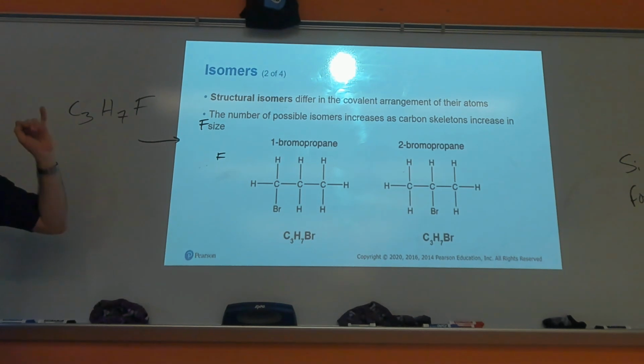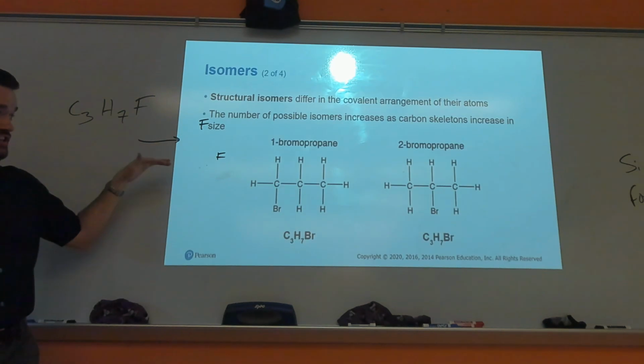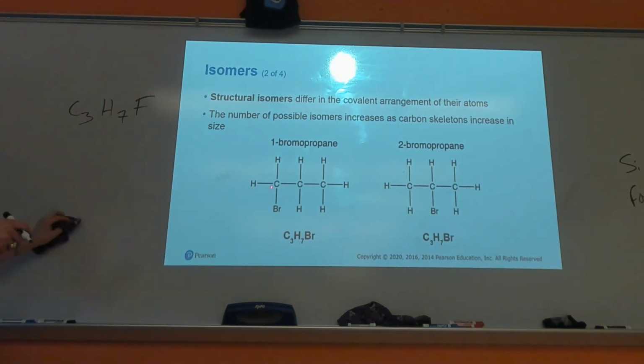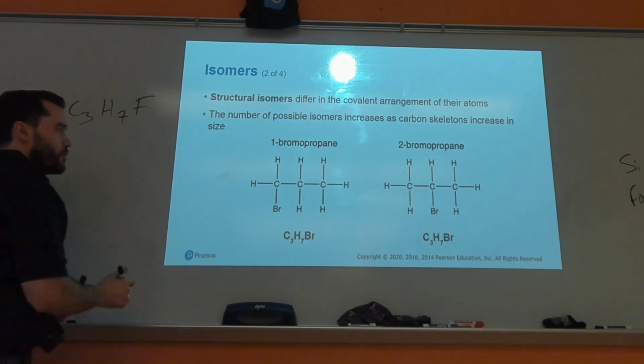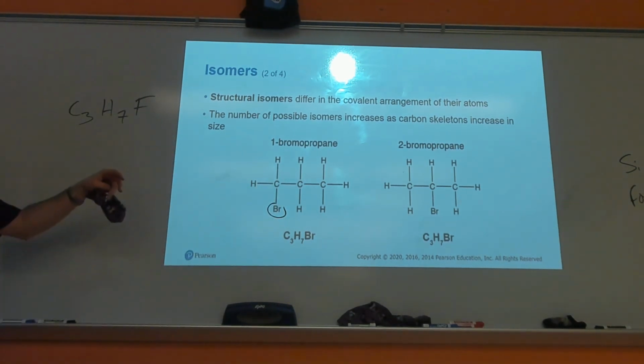So if we start with the first one, a structural isomer. Another example they gave you is 1-bromopropane. There's also 2-bromopropane. In 1-bromopropane, the bromo, talking about bromine, comes off the first carbon. Propane is a 3-carbon chain, 1, 2, 3.